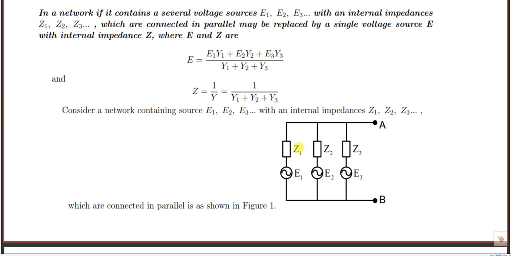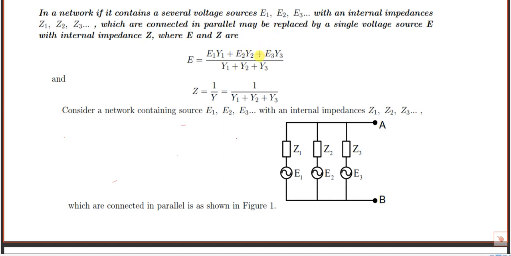So in general, here we wrote only three voltage sources E1, E2, E3 connected in parallel with each other, with internal impedances Z1, Z2, Z3. We can also rewrite the statement with resistance only.